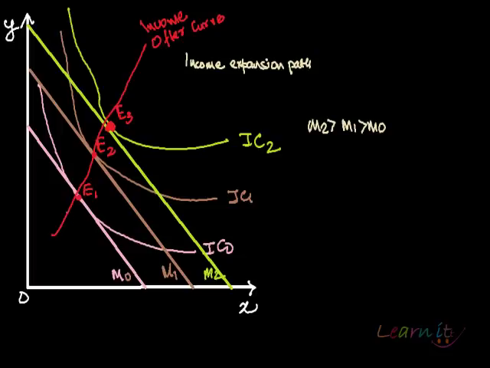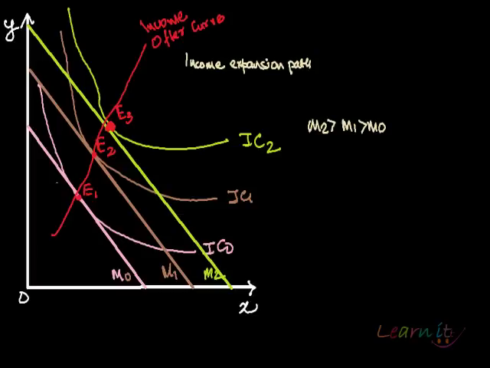If you join all of these equilibrium points, what you get is the income offer curve. It is the locus of all the equilibrium points when income changes and prices are constant.